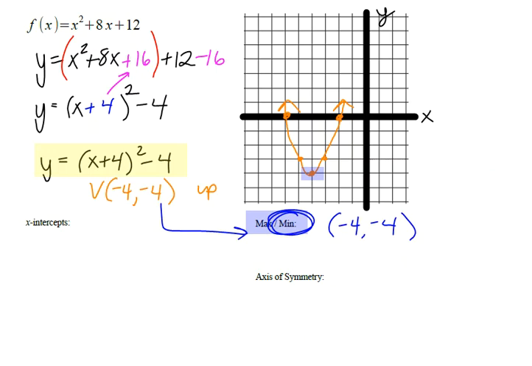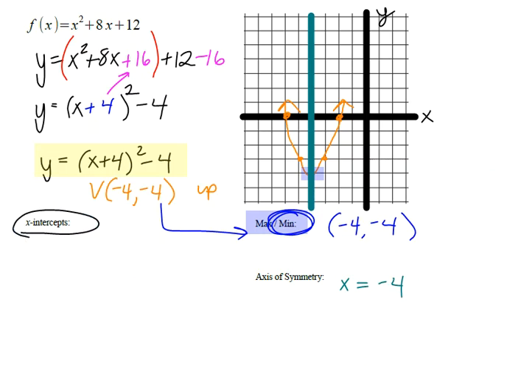The axis of symmetry is asking us where would the line be that basically cuts the parabola in half, that creates two symmetric pieces. In this case, that line, the axis of symmetry, is the vertical line x equals negative 4. And the last item that we will consider in this video would be the x-intercepts of our graph.